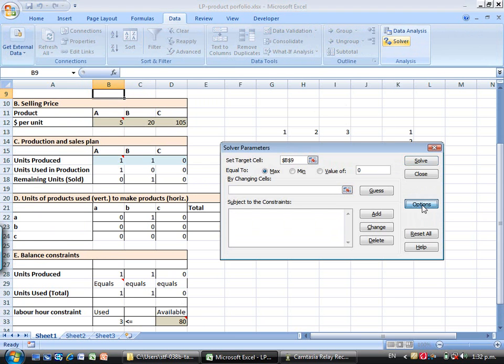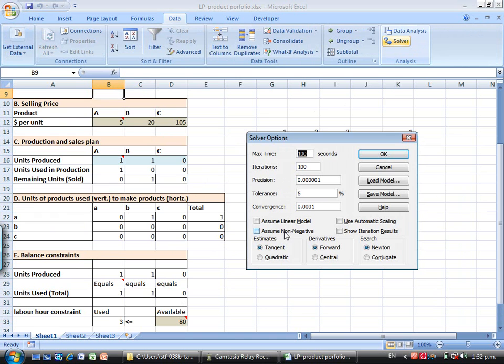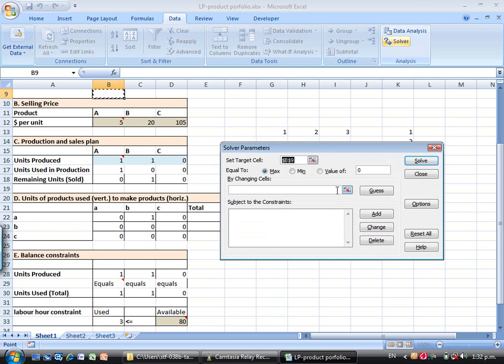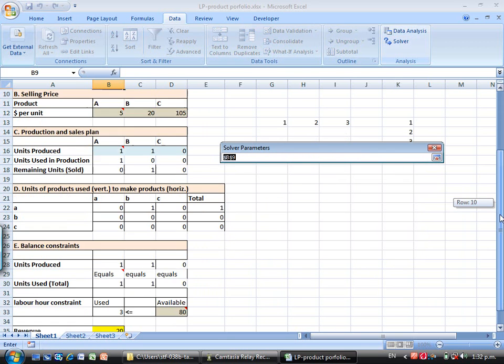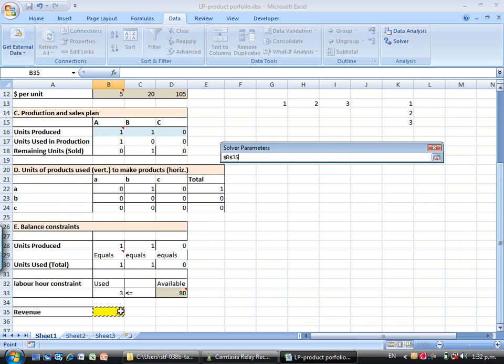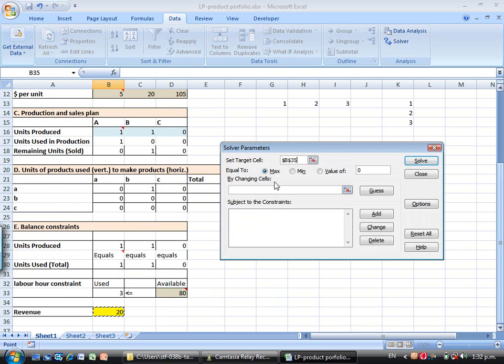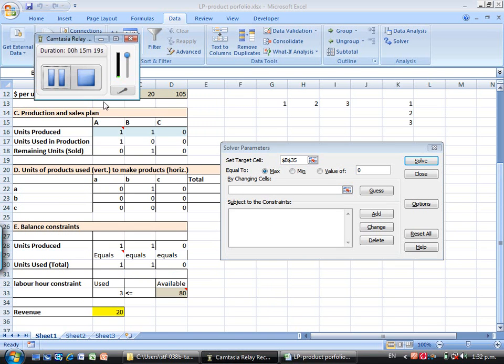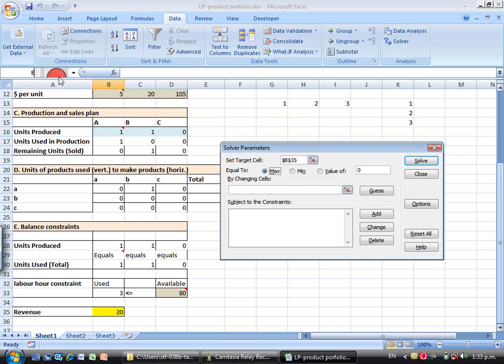Now first things first, options, we're going to assume that it's non-negative. We're going to set tolerance equal to 0, so we've got an exact solution, and we'll assume a linear model. Now the target cell will be the revenue, because we want to maximize the revenue. We set equal to max.